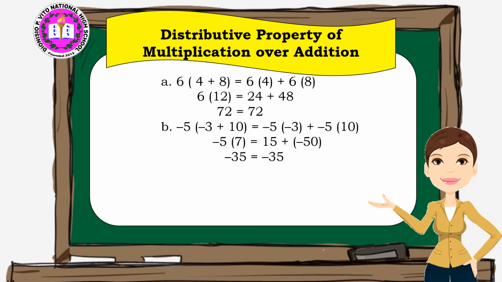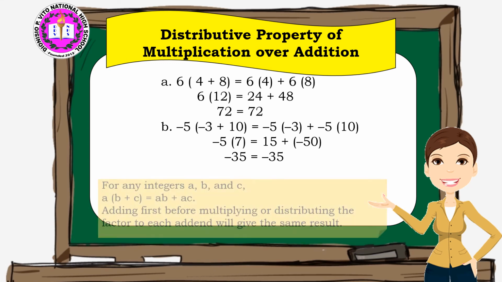So we have -5 × -3 is equal to positive 15, plus -5 × positive 10 is equal to -50. Therefore, positive 15 + -50 is equal to -35.